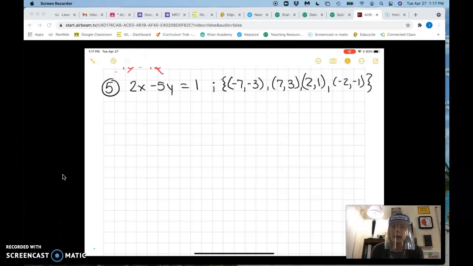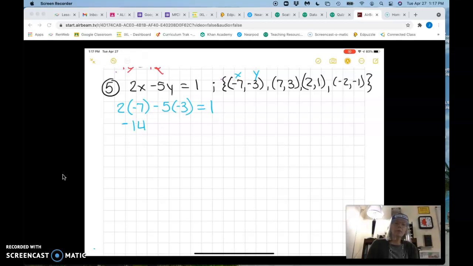So we're doing the same thing. We're plugging each set of ordered pairs in and seeing which one makes the equation true. So I'm going to say 2 times -7 minus 5 times -3 equals 1. 2 times -7 is how much? Thank you, -14.